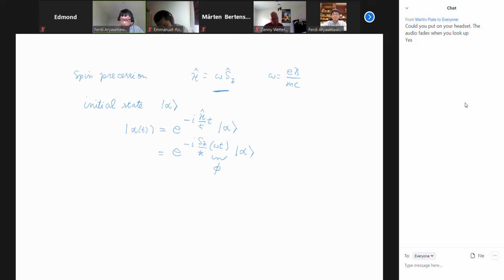So in a way, we have gotten rid of the time and replaced it with an angle. So we have this possibility of describing time-dependent phenomena, but without explicitly considering the time, because we can replace this omega t by the angle.